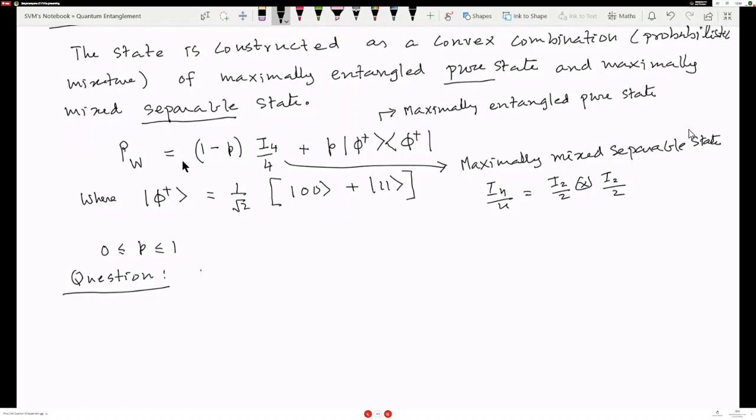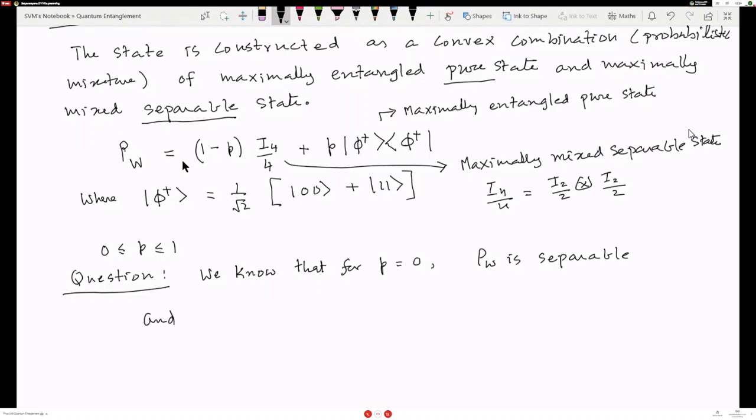We know that for p equal to 0, rho W is separable.